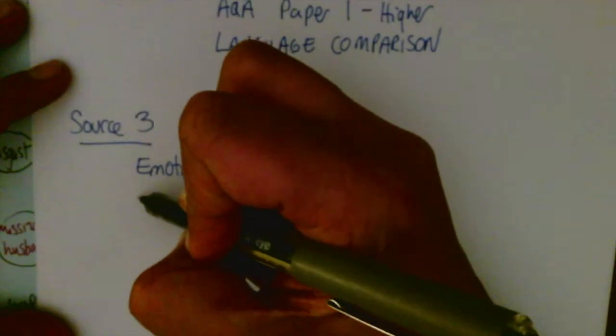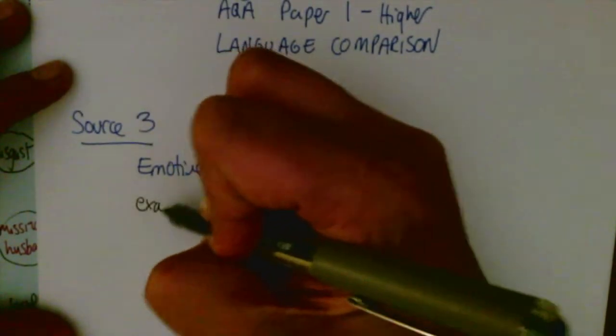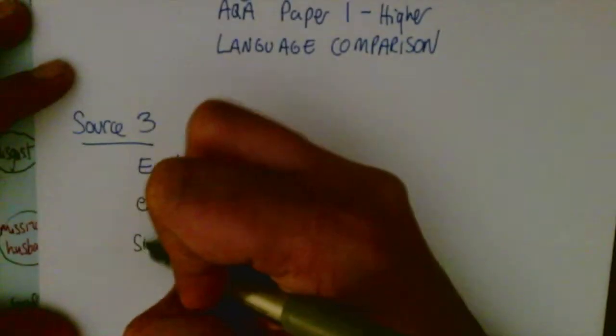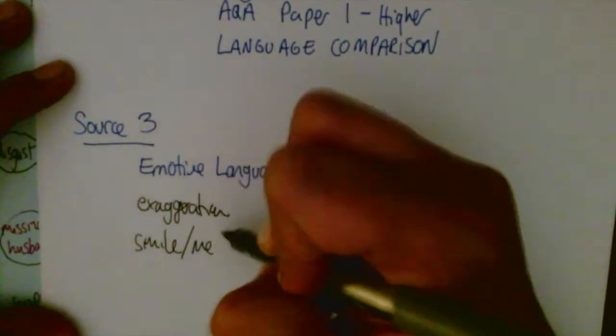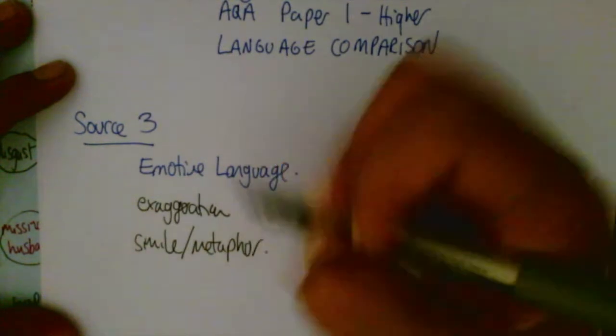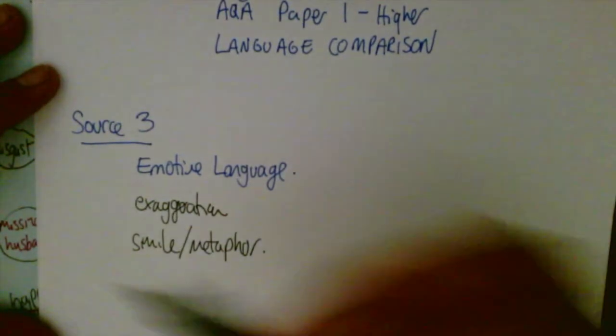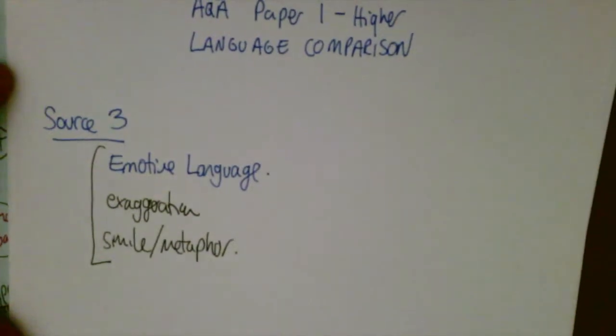We'll probably have something like exaggeration, something like simile or metaphor, or any number of those literary devices that create emotion in the reader. These are the rhetorical devices that we think will be in this article.